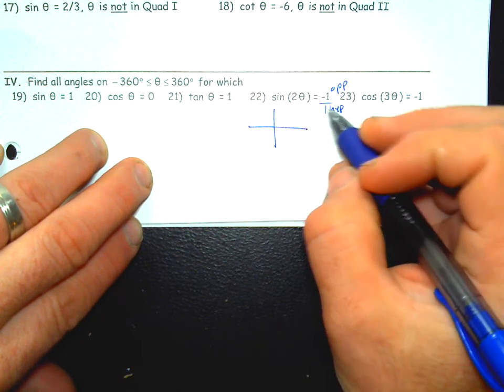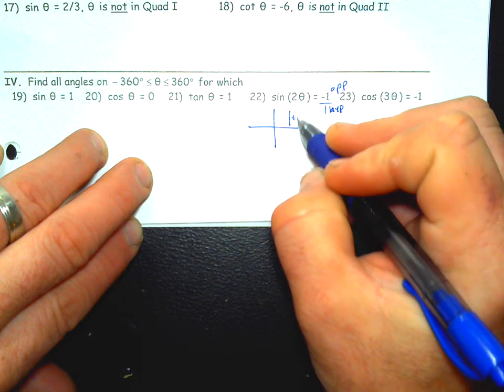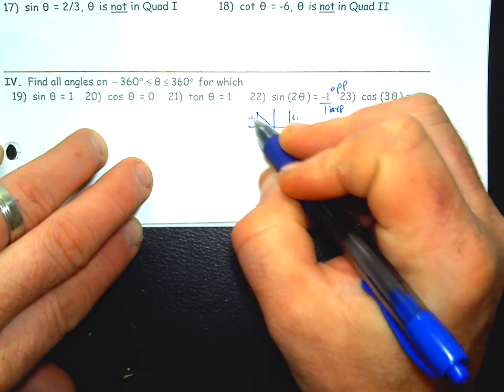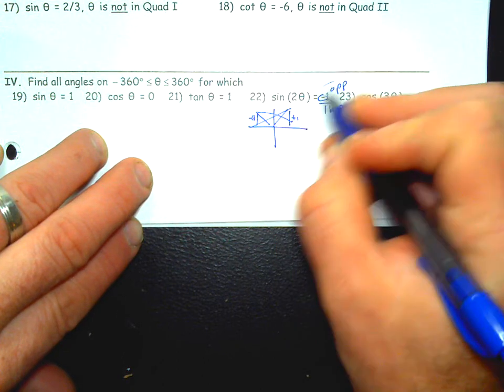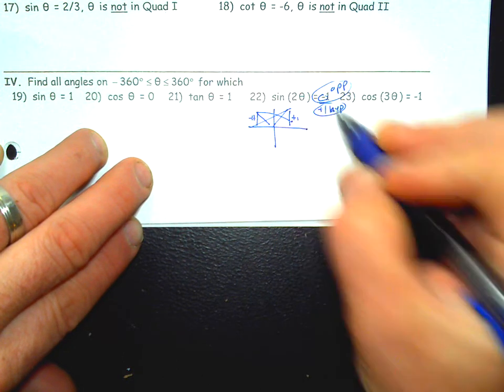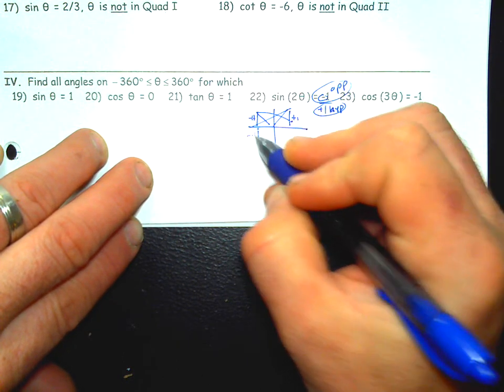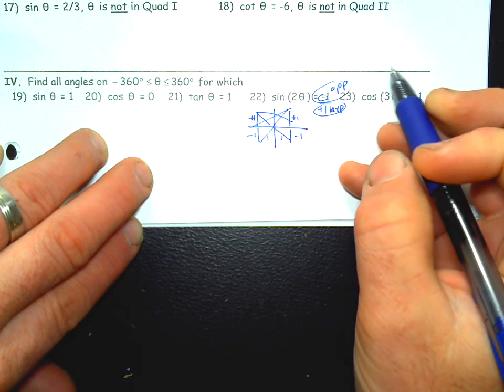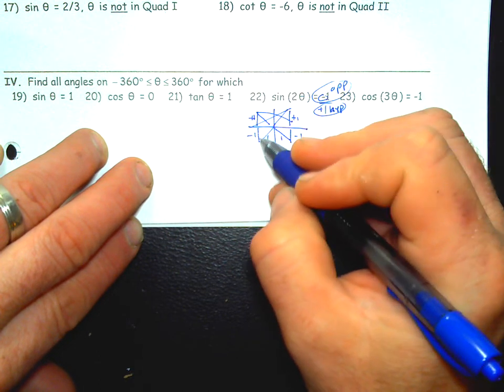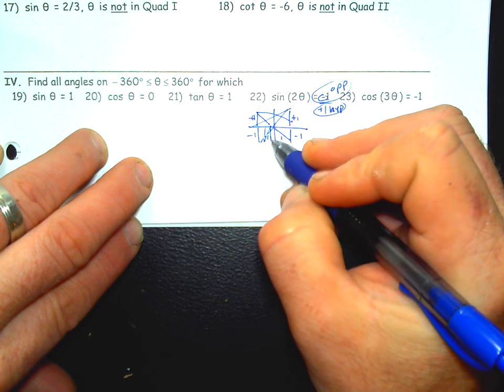So opposite side is the vertical one, right? So it's either here, it's positive 1, but you know the negative belongs to the opposite side. The hypotenuse has to be positive no matter what. So here's when the opposite side is negative, and the hypotenuse is 1. Well, how's that possible? They've got to be the same length, so it's going to collapse on each other. They're right here.